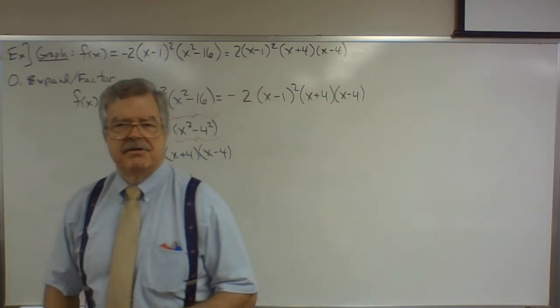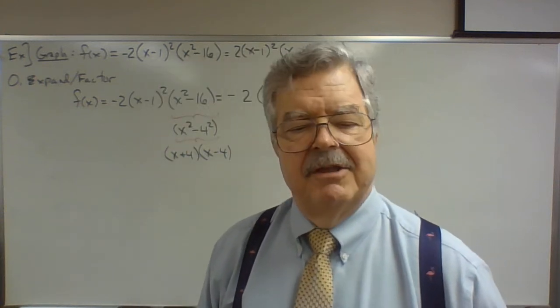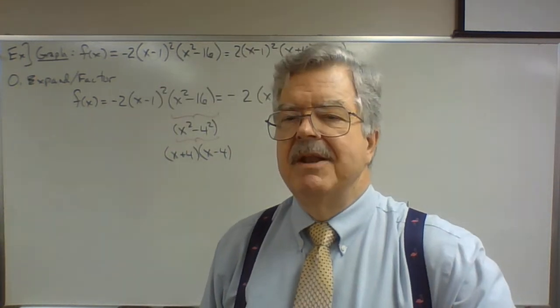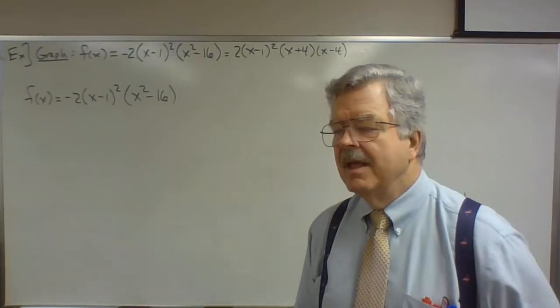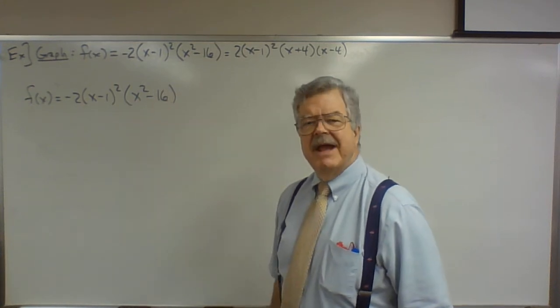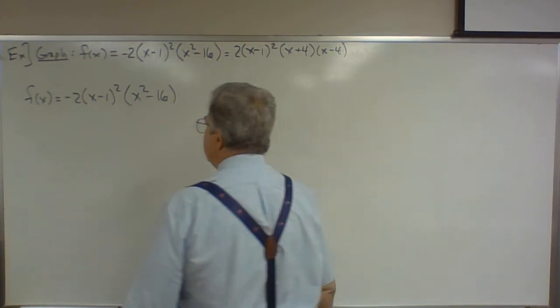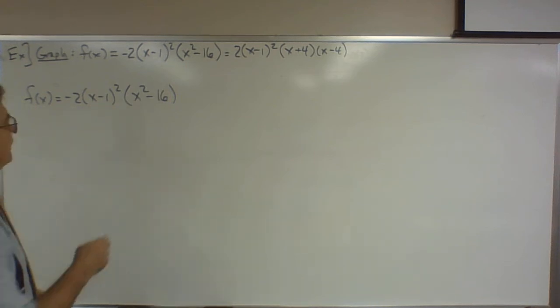Next thing we're going to do is expand this and write it in standard form. I'm going to expand this thing and write it in factored form. And I think my first order of business is to multiply that out.